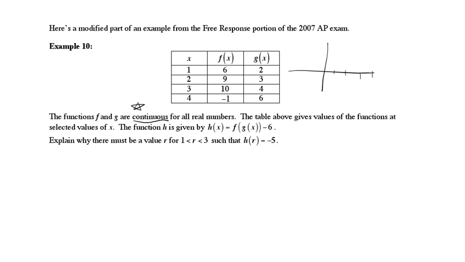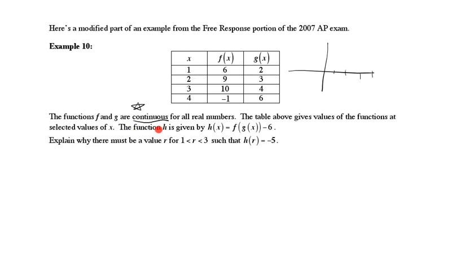The information they give you, every word, is juicy with meaning. Continuous. f and g are continuous functions for all real numbers. That means that we can use things like the intermediate value theorem. We know they're continuous, we don't need to worry about them. The table gives some values for the functions at selected values of x. So it's not only continuous here, it's continuous everywhere.